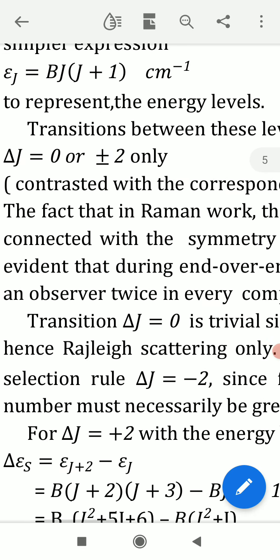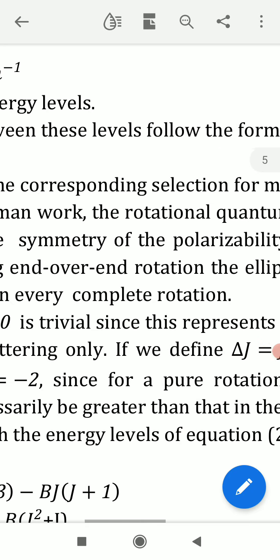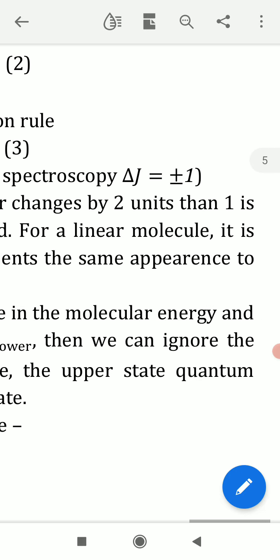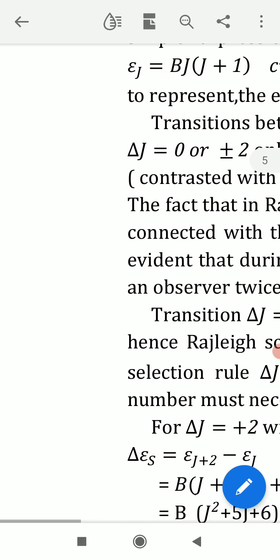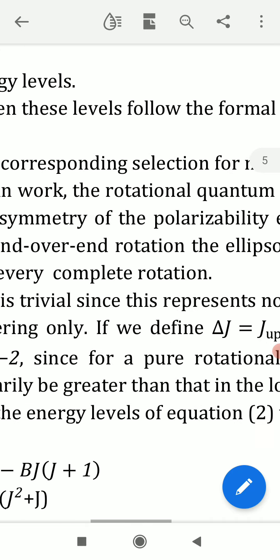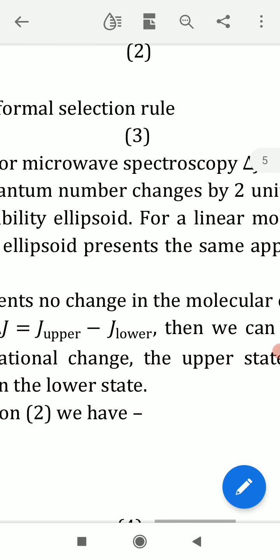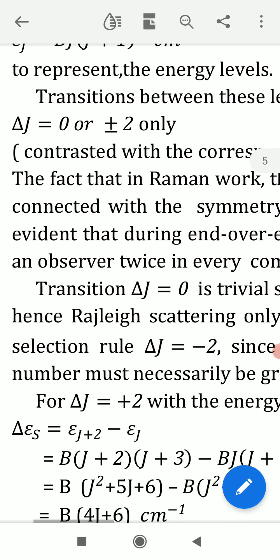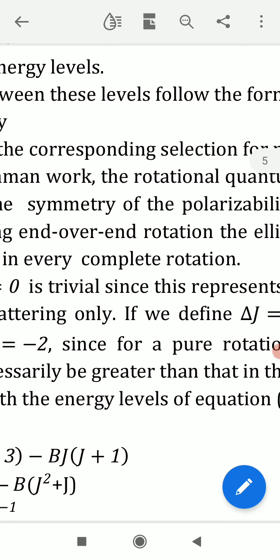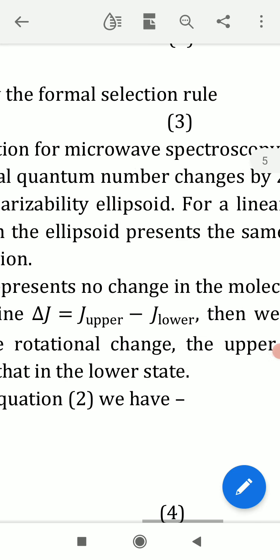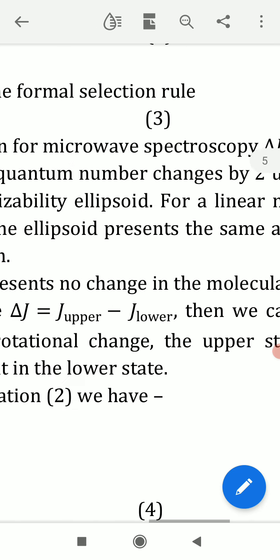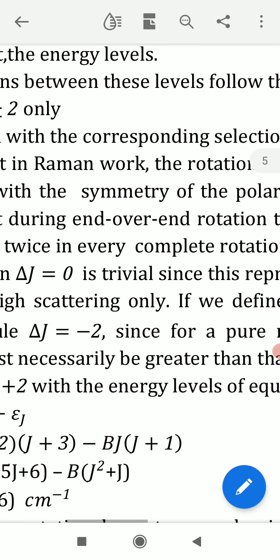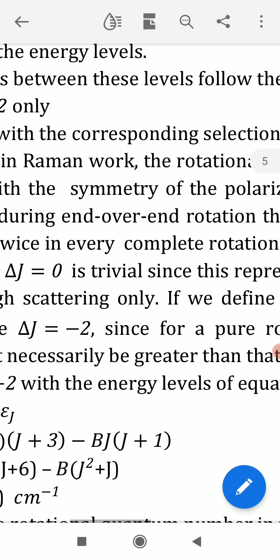The fact that in Raman work the rotational quantum number changes by 2 units rather than 1 is connected with the symmetry of the polarizability ellipsoid. For a linear molecule, it is evident that during end over end rotation, the ellipsoid presents the same appearance to an observer twice in every complete rotation.